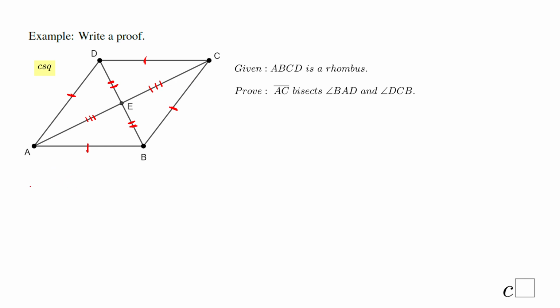So I'm going to start with what is given: ABCD is a rhombus, right? And that is given.